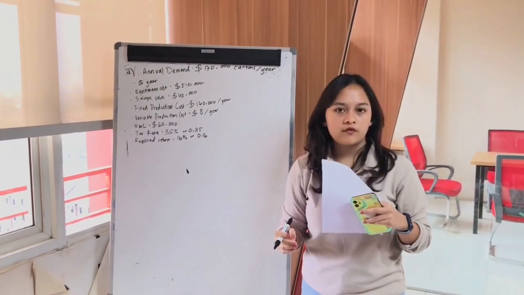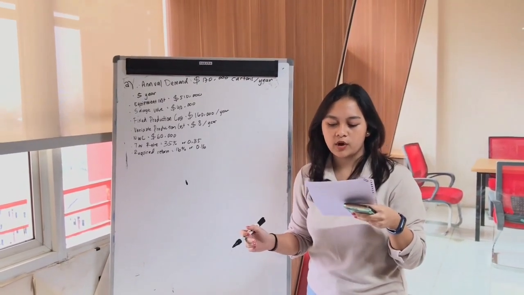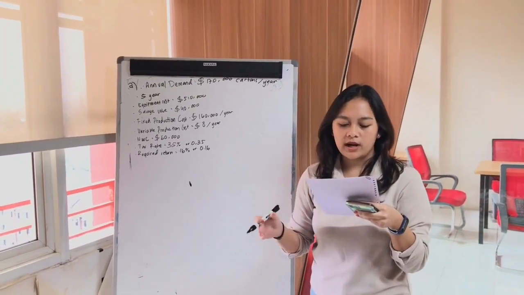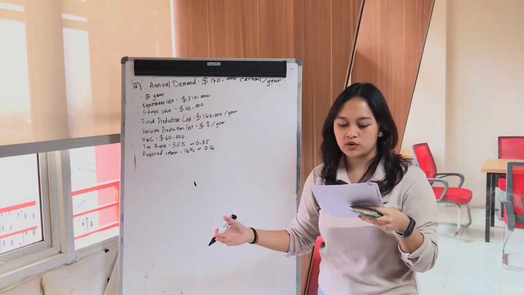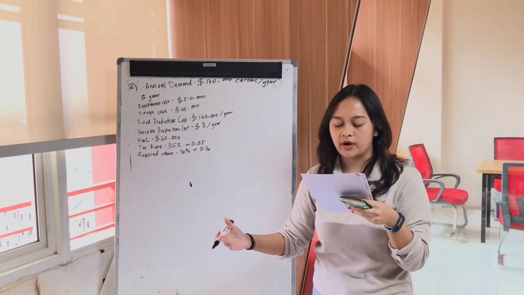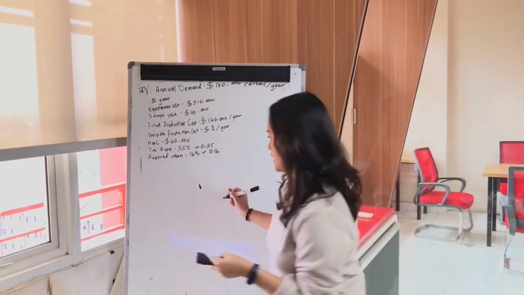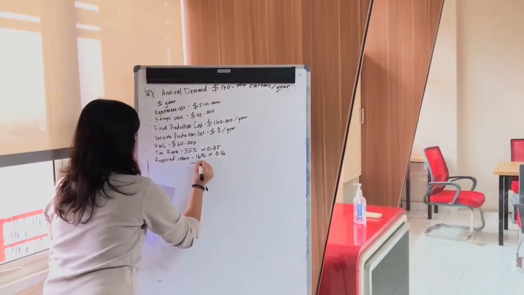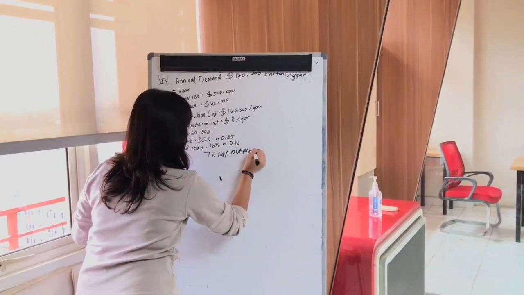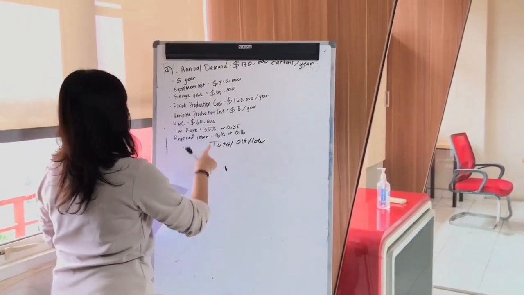Now let's go for A first. For A, we need to find the bid price where the project NPV is equal to 0. That means what price per carton ensures NPV equals 0 using OCF, and thus the bid price represents the final break-even level for the project. First, let's count the total outflow.